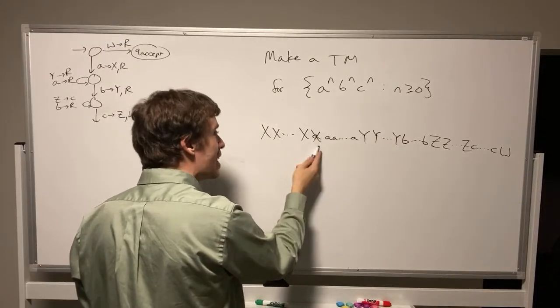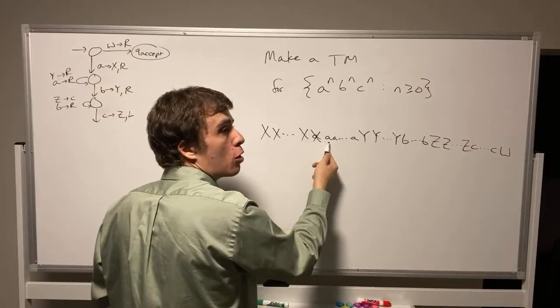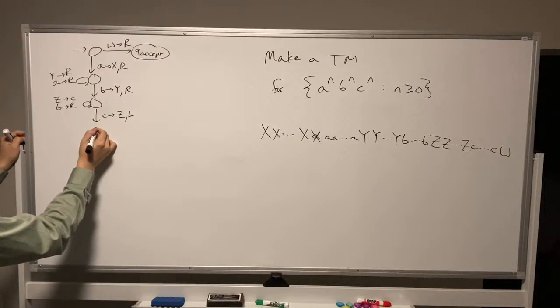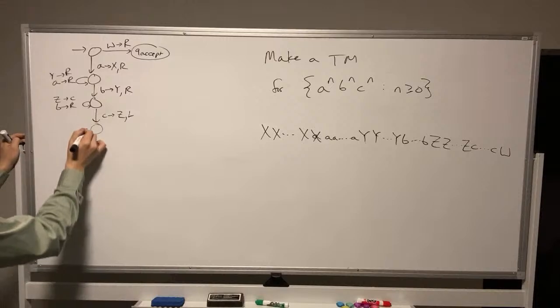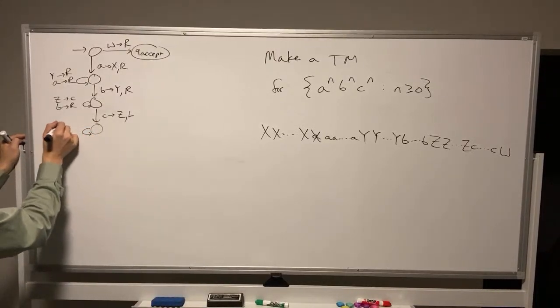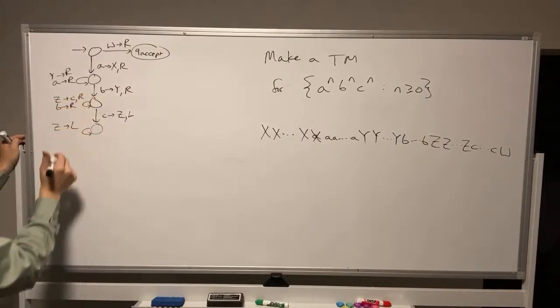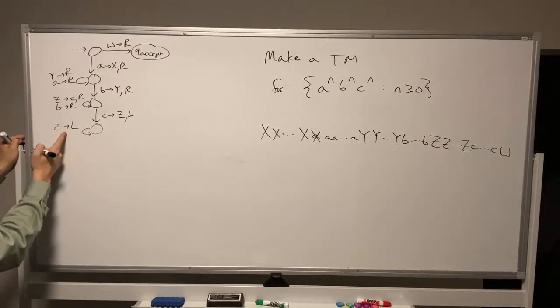And then when I hit an X, which must exist at this point, I start over and do the same thing again. So how are we going to design this? This one is going to go left through everything else. So Z goes left, and all of these move right. That one moves right. This is the only one that moves left so far, and then this one.